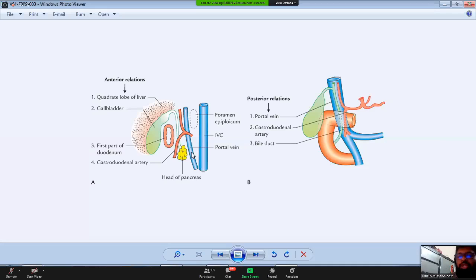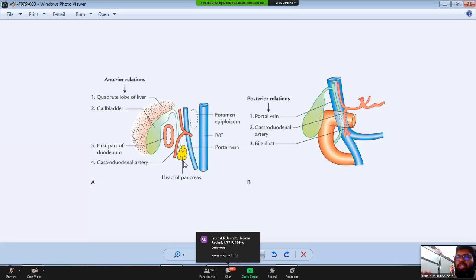Superior mesenteric vessels, and posteriorly the abdominal aorta. So the relationship of the uncinate process is also important. Now you can understand why the name is pancreas: it looks like flesh, like meat, that's why it is called pancreas. But this pancreas has so many relations, particularly important blood vessels.